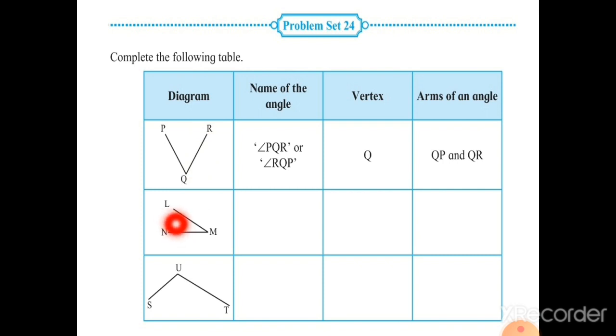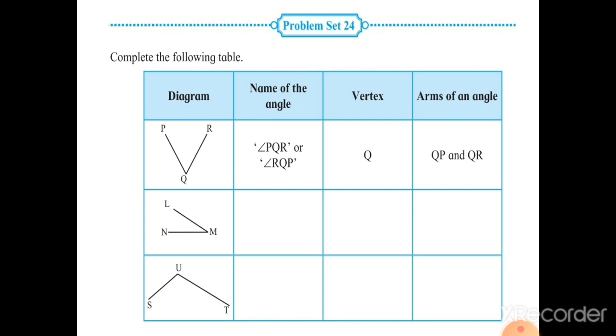Next, LMN. Now you will write the answers. Name of the angle, angle LMN or angle NML. Vertex will be M. Write M. Arms of an angle: ML and MN.